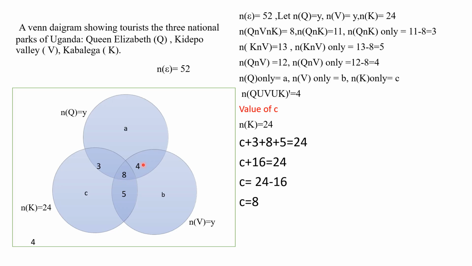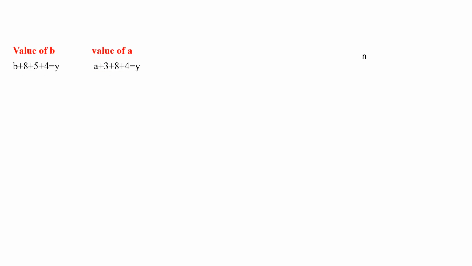Now, after getting the value of C as 8, go ahead and find the value of B, then find the value of A. It means that the whole of this set is equal to Y. It means that A plus 3 plus 8 plus 4 is equal to Y. Even here you get the value of B in terms of Y, because you add B plus 5, 8 and 4, then you equate it to Y. So B plus 8 plus this is equal to Y. So I'll get my value of B as Y minus 17.